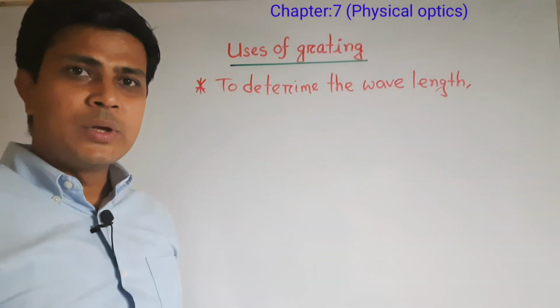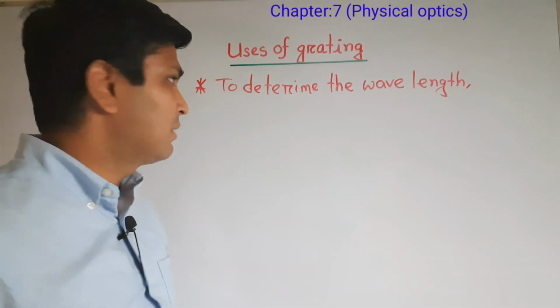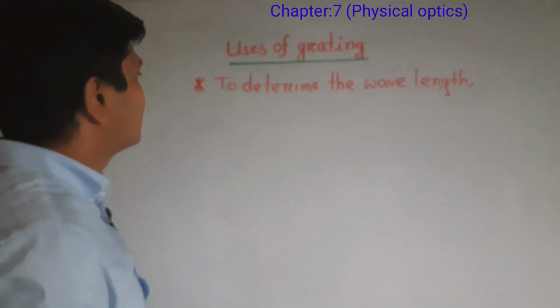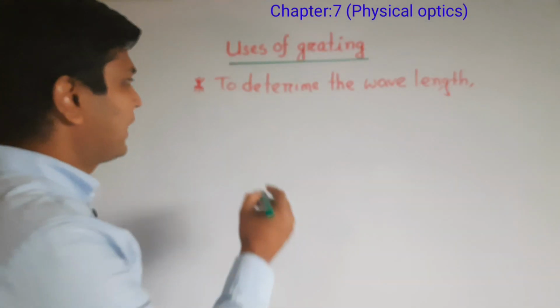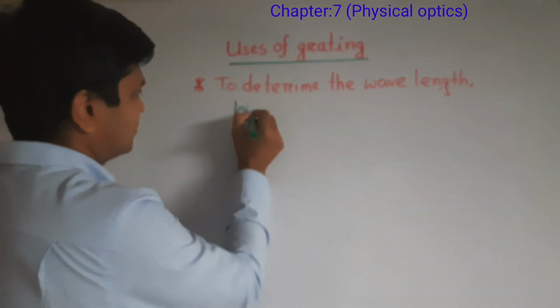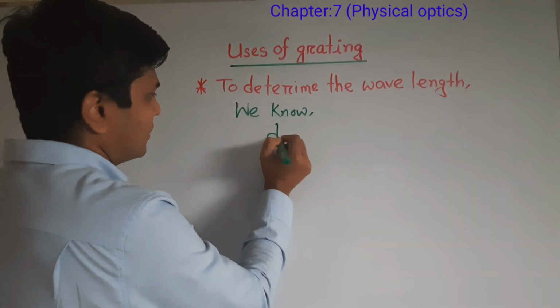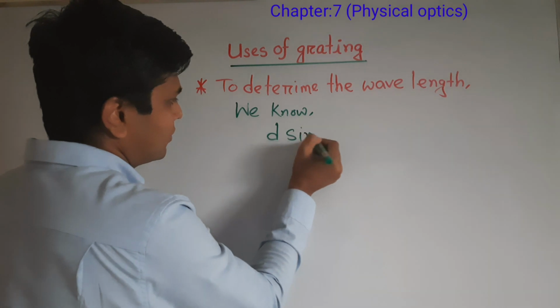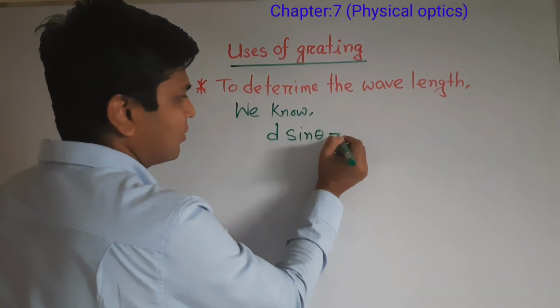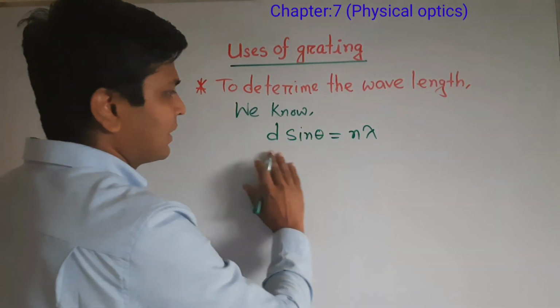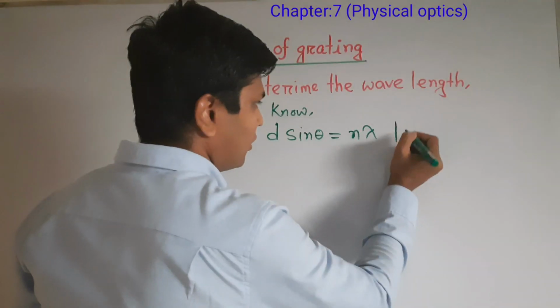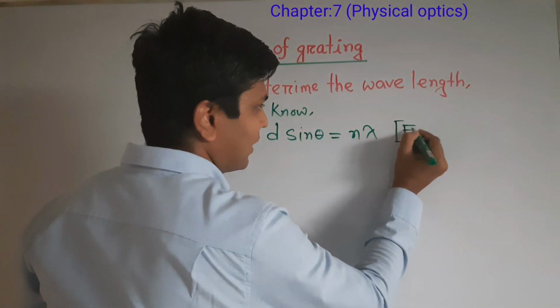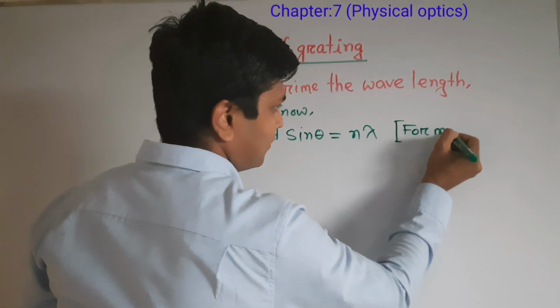Let's see how we can determine the wavelength by the grating. We know the formula of grating is D sine theta equals n lambda. This formula applies for maxima.